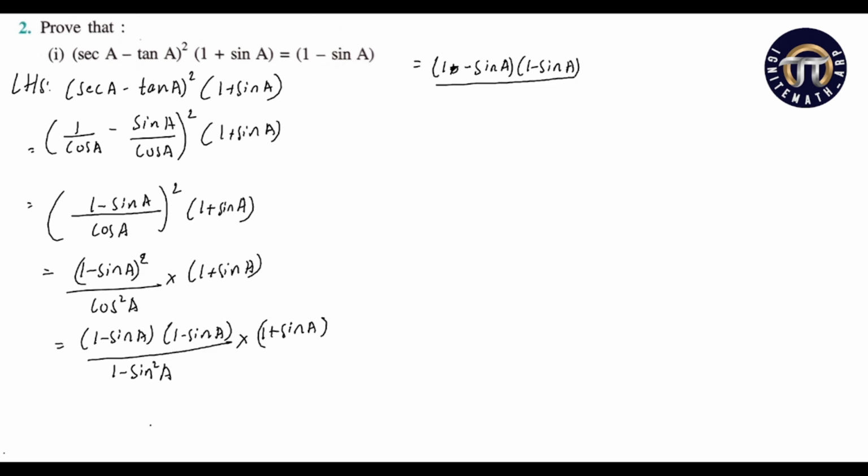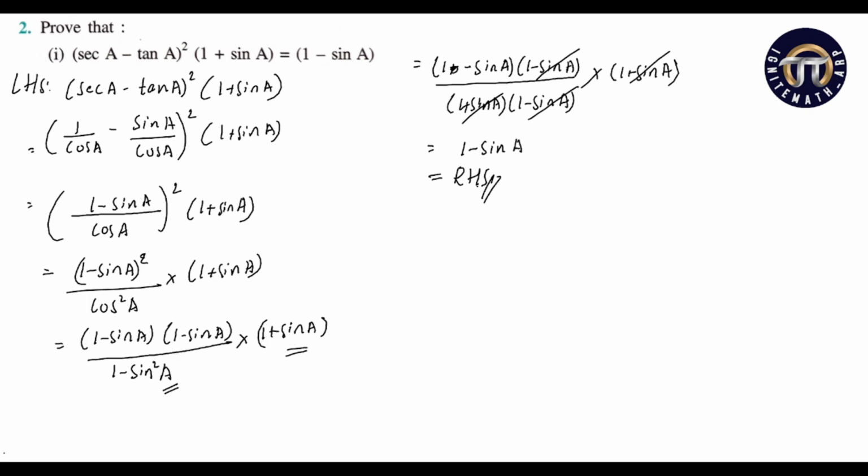Denominator looks like a square minus b square, which can be written as (1 plus sin a) into (1 minus sin a). Again this 1 plus sin a I'm going to keep as it is. So 1 plus sin a, 1 plus sin a, and 1 minus sin a, 1 minus sin a will get cancelled. So I'll be left with 1 minus sin a, that is nothing but the RHS, right hand side.